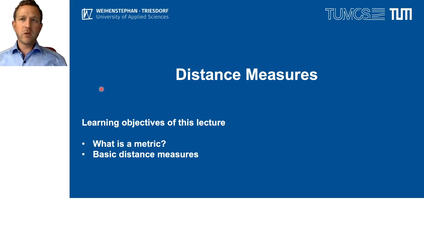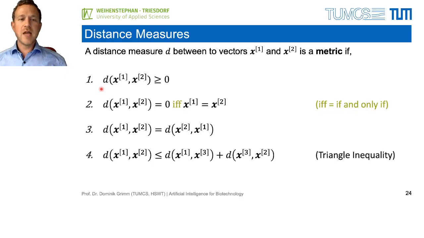So first we have to do a short definition. What actually is a distance? A distance measure D between two vectors x1 and x2 is a metric if the following four equations are fulfilled. A distance between two points x1 and x2 has to be always greater or equal to 0. That's logical.